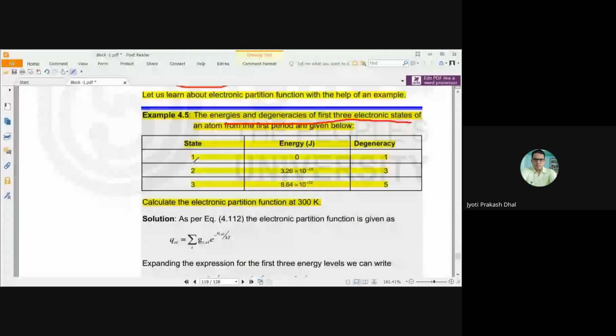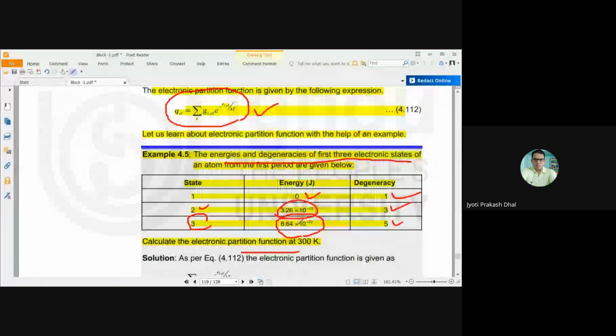For the first electronic state, the energy is 0 and the degeneracy is 1. For the second electronic state, the energy is 3.26 into 10 to the power minus 22, having degeneracy 3. For the third energy state, the energy is 8.64 into 10 to the power minus 22, having degeneracy 5. Calculate the electronic partition function.